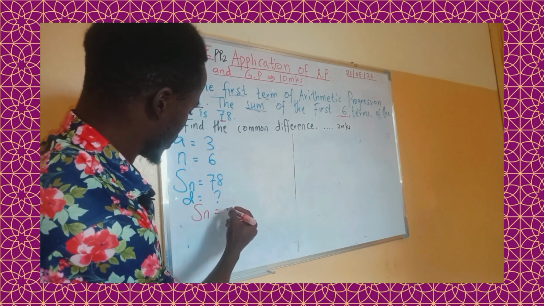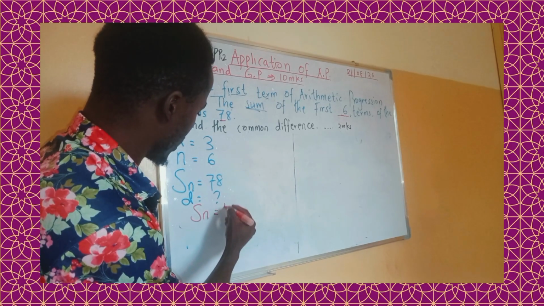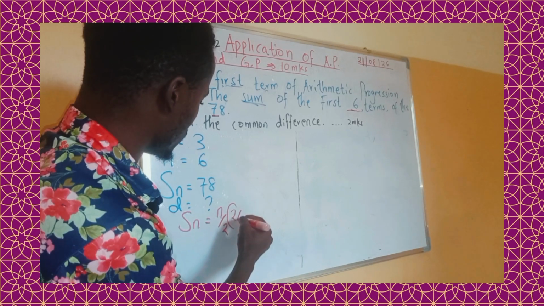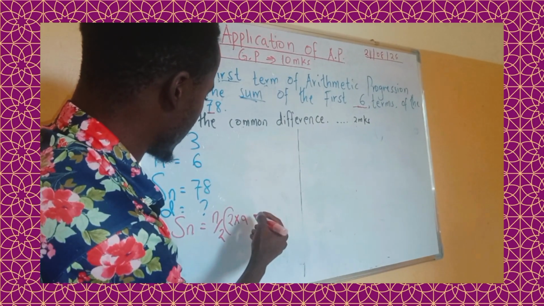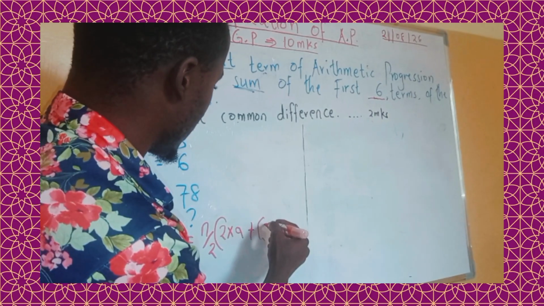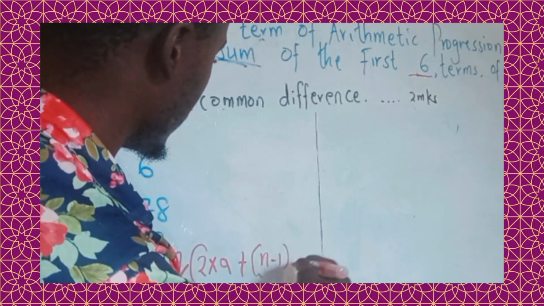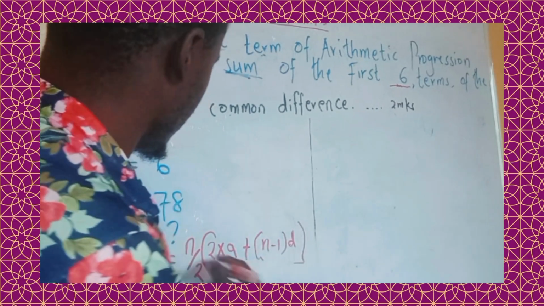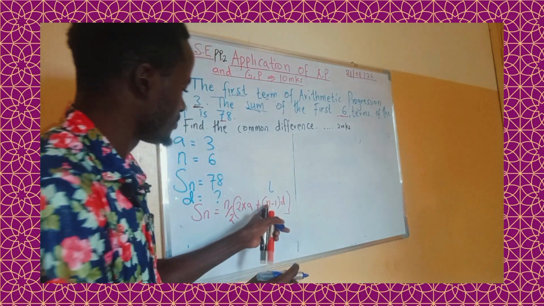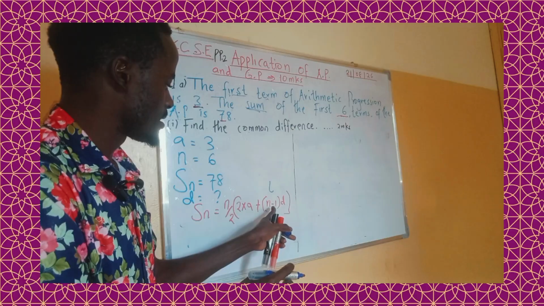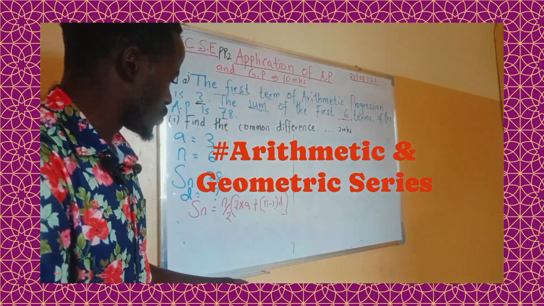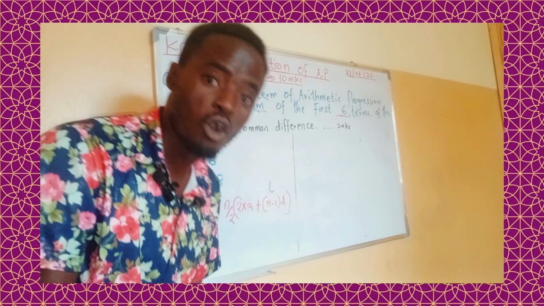Sn is equal to n over 2, bracket 2 times A, the first term, plus bracket n minus 1 times D. This part is simply the last term. To get the last term, you simply take n minus 1 times D. That's how you get the last term. So once you know this formula, you are good to go.